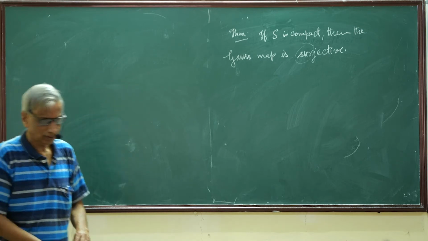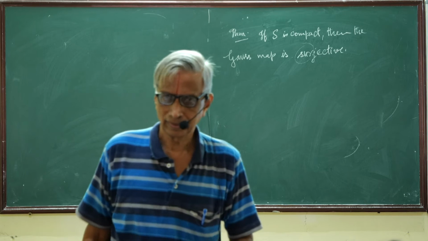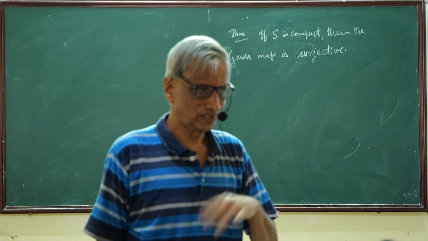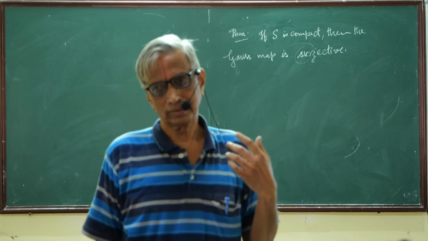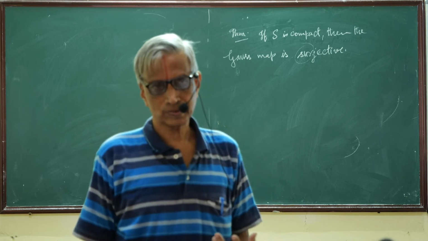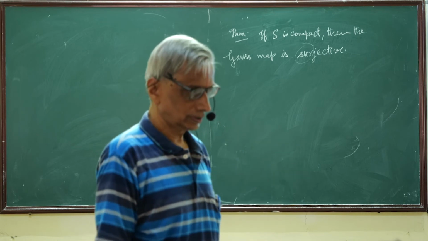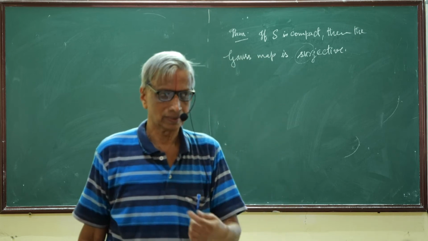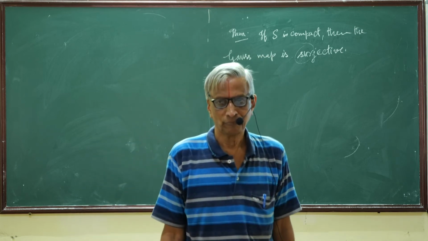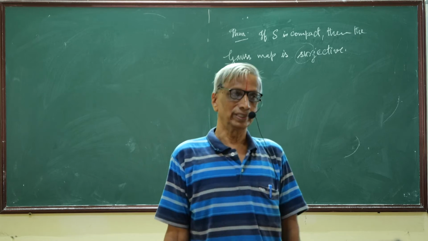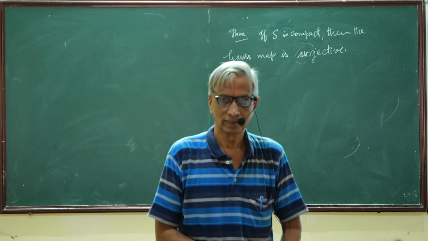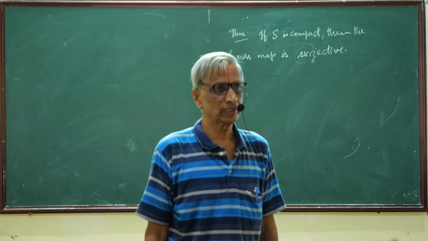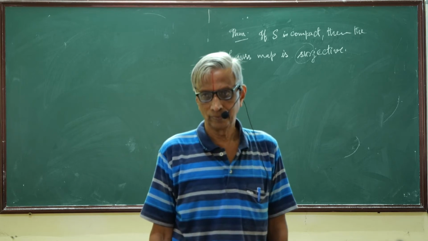what are called, in classical terminology, the fundamental forms associated with the surface. What is called the first fundamental form and the second fundamental form. So what is a form here? Form here just means a quadratic form.